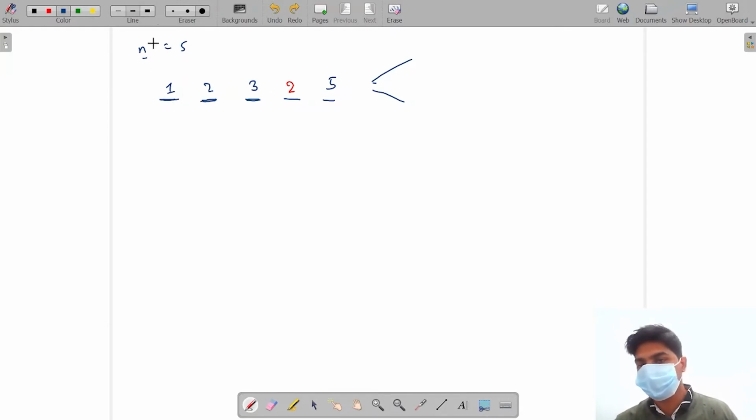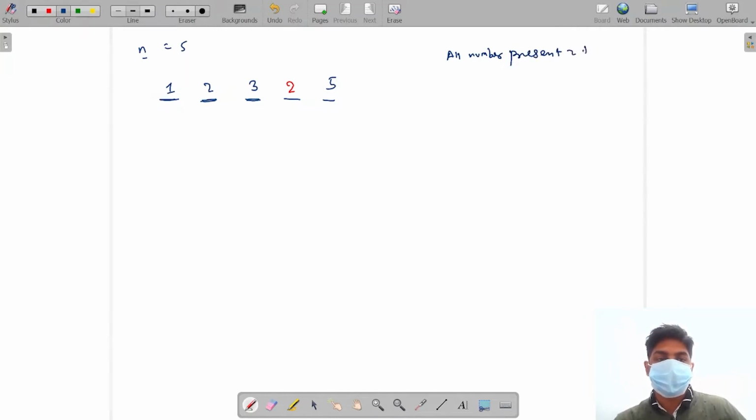We need something more. Okay, before moving on to what we need, let me revise one of the questions which we have already solved earlier. If you remember, we solved a problem named all numbers present two times except two numbers.